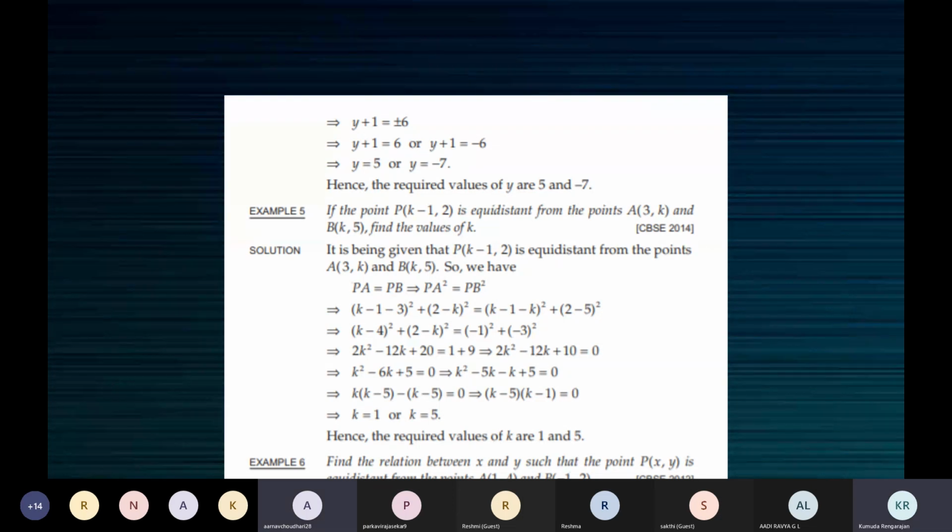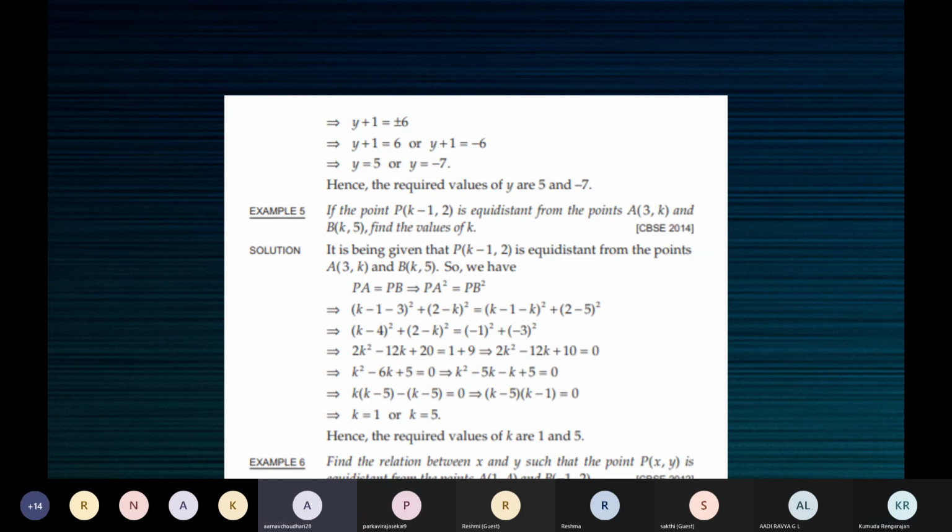Yeah, definitely. So what is the formula? What is the distance formula? Root of x2 square minus x1 square plus y2 square minus y1 square. No, ma'am.